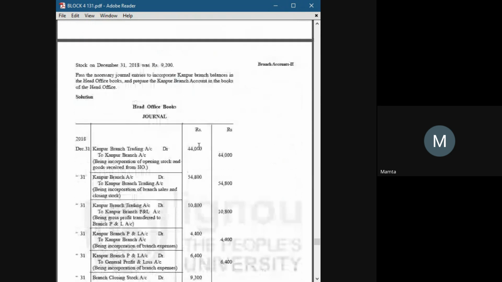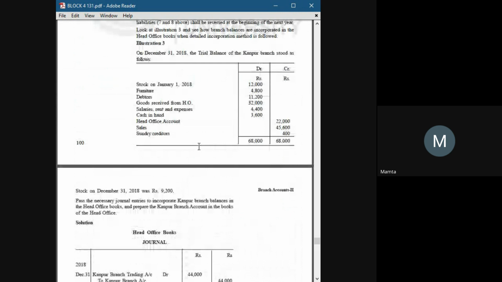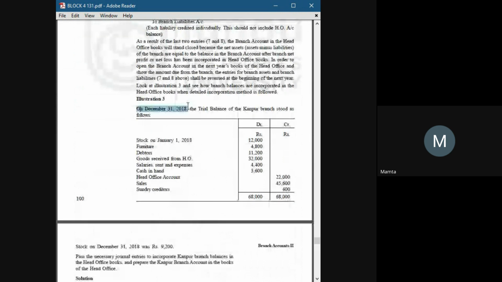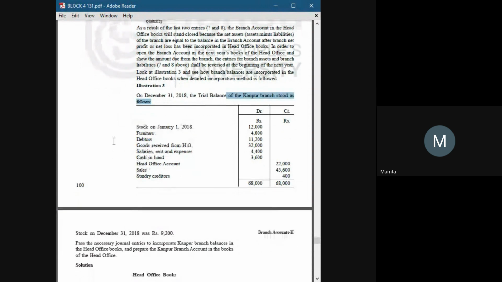So we have an example for the same. On December 31st, 2018, the trial balance of Kanpur branch stood as follows. Opening stock 12,000. Furniture 4,800. Debtors 11,200.